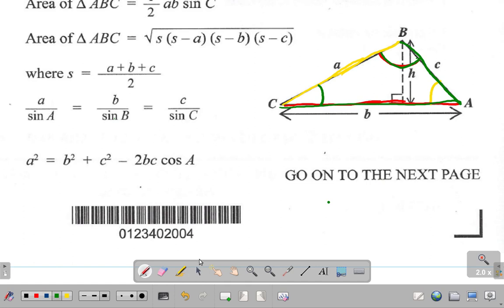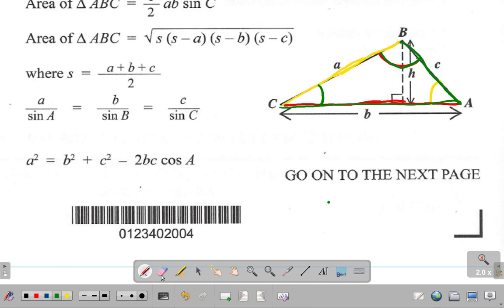So that's what the sine rule is saying. Note that even though they have this height here, the right angle here, we consider the entire triangle ABC. Alright?